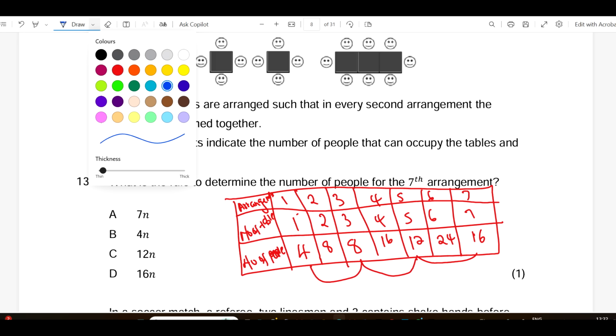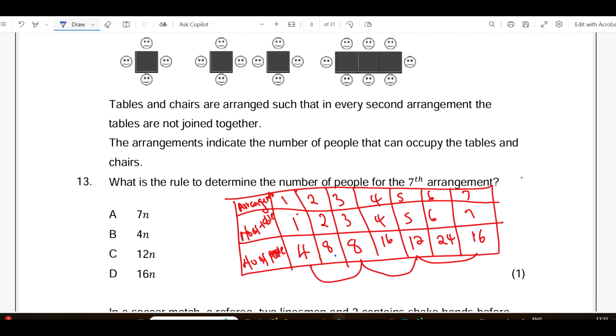You can see. And then for sequence number 2, it is 8, 16, and 20 and 24.